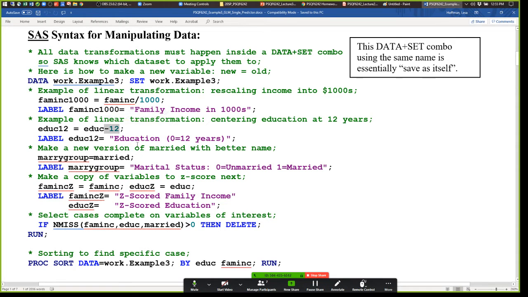So in your instructions for your homework, if I ask you to center pleases heard at a certain number or fits thrown at a certain number, this is how you do that. You make a new column out of the old column minus a constant. The grouping variable that you're going to use in your homework is age group. You don't have to do anything for that.